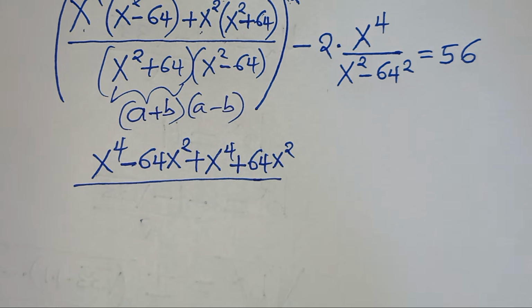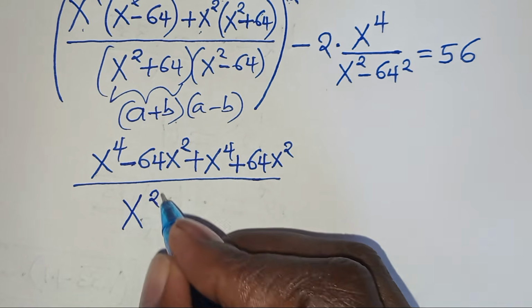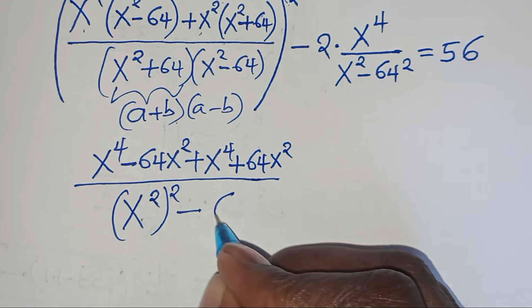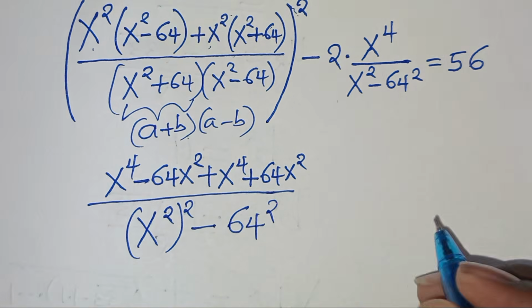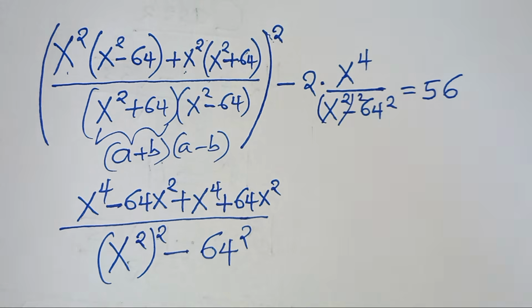So we have x squared raised to the power of 2 minus 64 raised to the power of 2. So we have x squared raised to the power of 2.